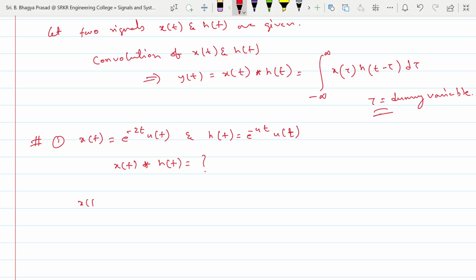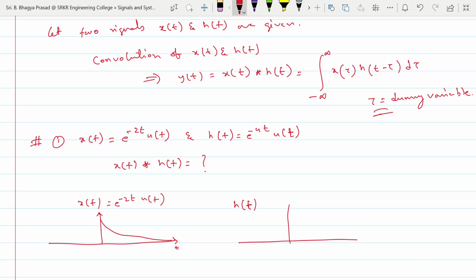That is x of t, e power minus 2t u of t. This one is an exponentially decaying signal starting from 0. For h of t also, e power minus 4t u of t, this will also be an exponentially decaying signal. Both are exponentially decaying signals starting from the origin, t equal to 0.